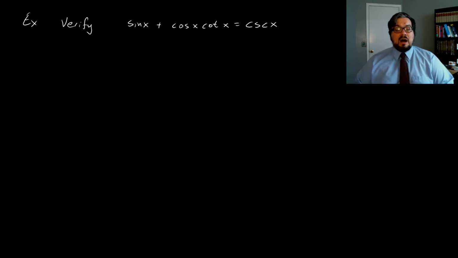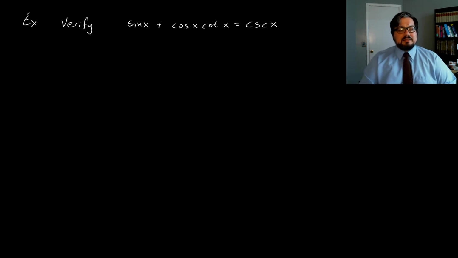And you can see why knowing this might be useful, because working with a single function, cosecant x, is going to be a lot simpler than working with a complicated expression like sine x plus cosine x times cotangent x.